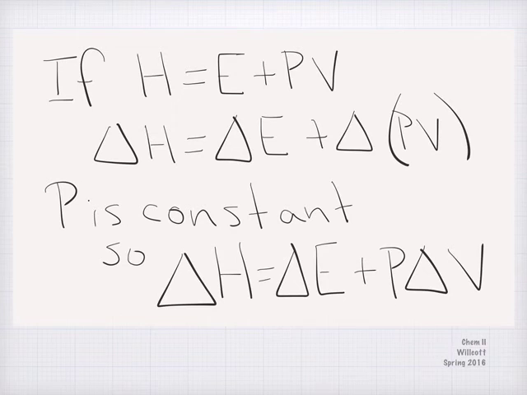We can also consider, remember that our enthalpy we said was energy plus pressure times volume, which means our change in enthalpy would be our change in energy plus the change in pressure times volume. And again, we stated that our conditions are going to assume pressure to be constant, so we can remove the change in sign from pressure, and we now have the equation delta H equals delta E plus P delta V.